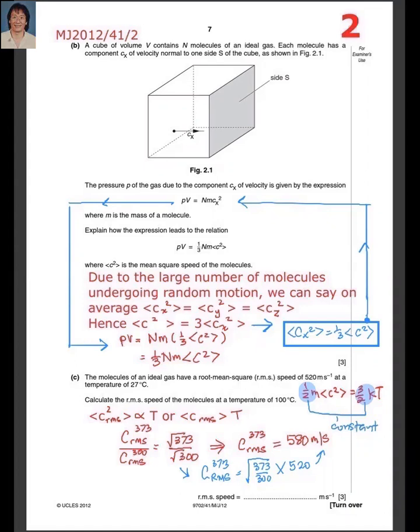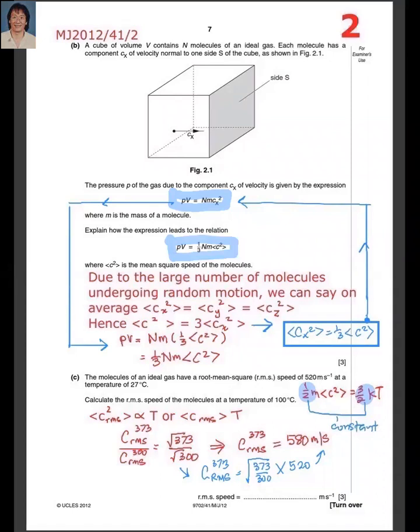The pressure of the gas due to the component Cx is given by the expression PV equals nmCx squared, where m is the mass of one molecule. Explain how the expression leads to the relationship PV equals 1/3 nm c squared, where c squared is the mean square speed of the molecules.